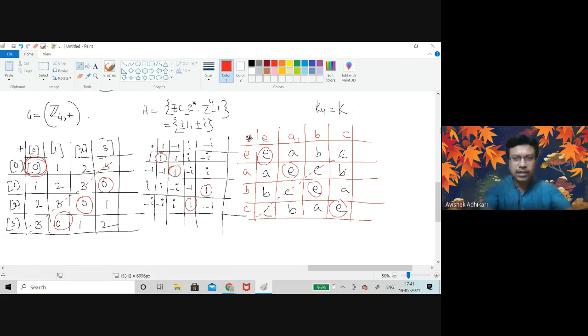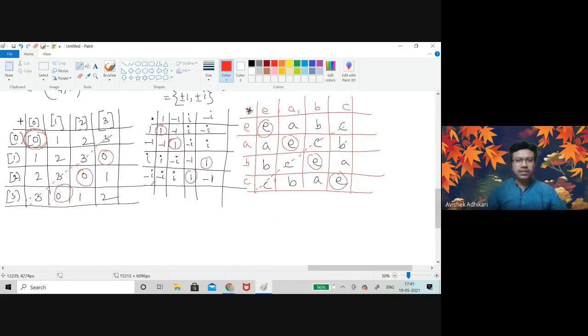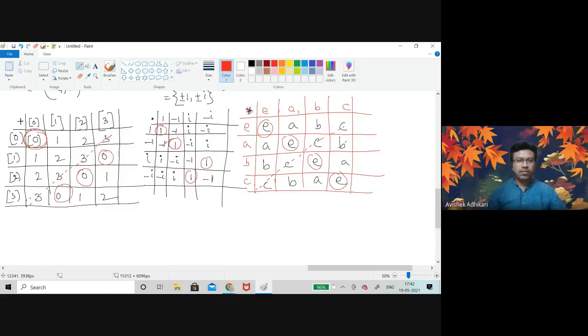Let's check. The first question is, can we change a bit so that these two tables could have a similarity? Student: Move the fourth column to the second column. For which one?